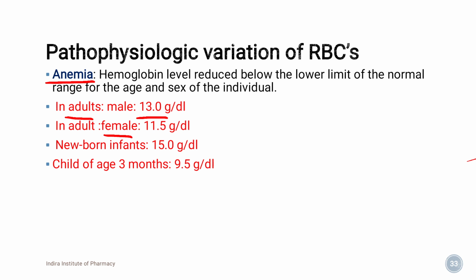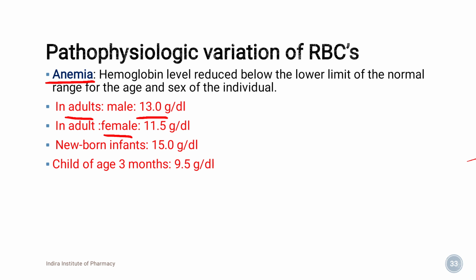So we know that one of the functions of RBCs is to transport oxygen to cells and tissue, and to carry carbon dioxide from cells and tissue into the lungs for exhalation.